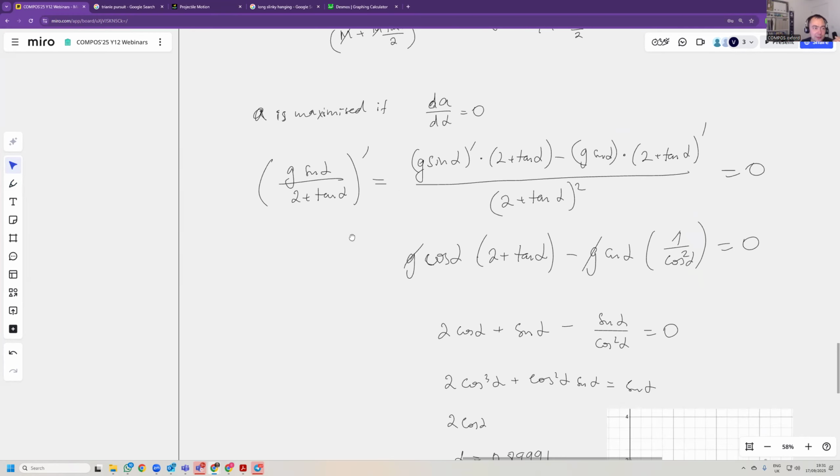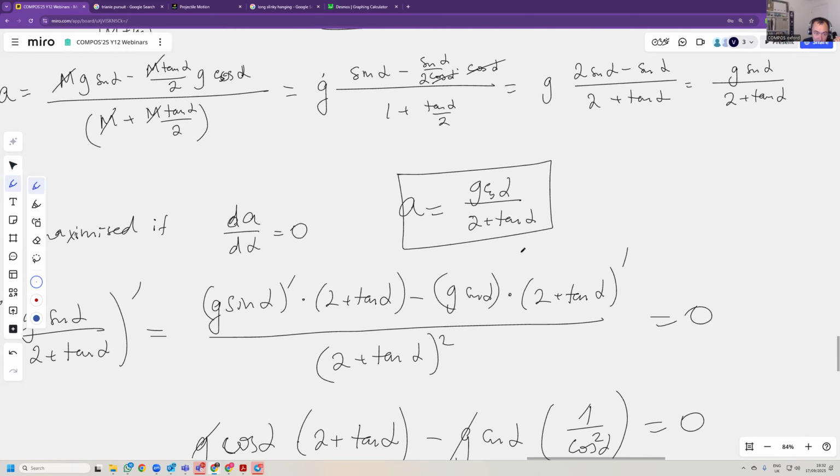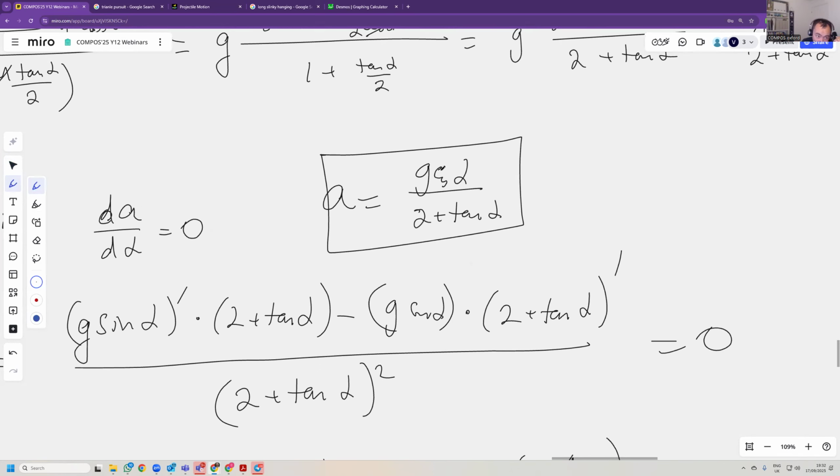So I took the expression for the acceleration, g sin α divided by 2 plus tan α. At some value of alpha, this acceleration is going to be max.